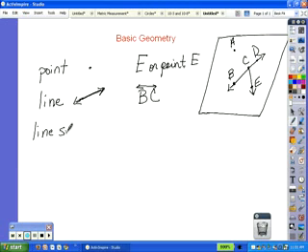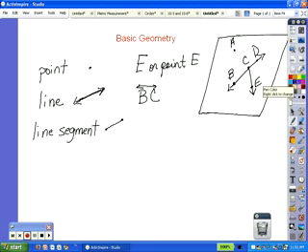When we have part of a line, we have a line segment. Segment means part or piece, and a line segment starts and stops. It doesn't continue on in both directions. So when we look at this diagram, you'll notice all of the parts of lines we have here have arrows on the end, meaning they go on forever.